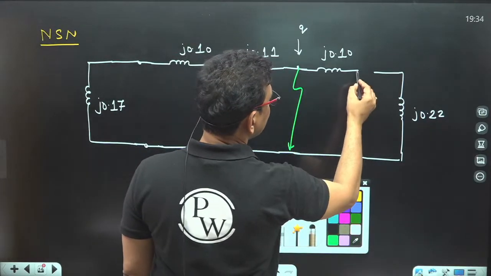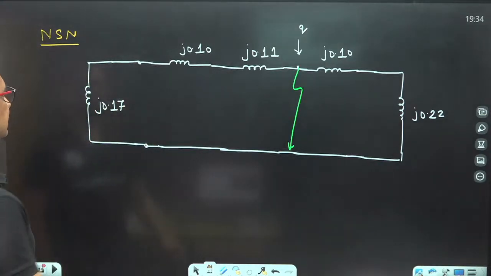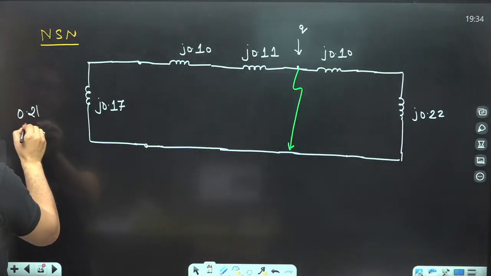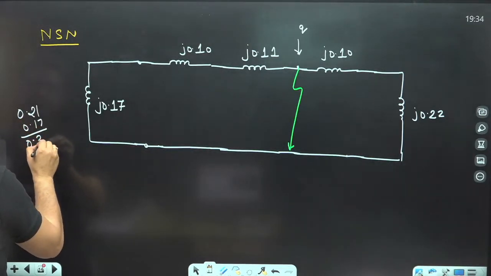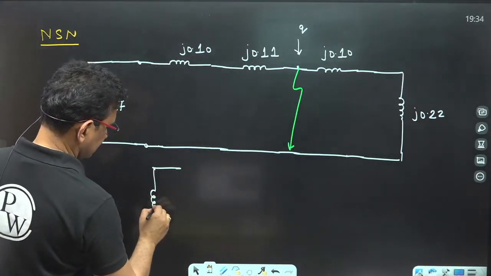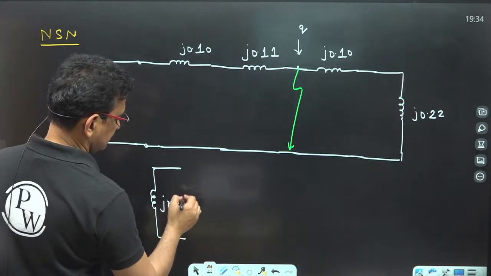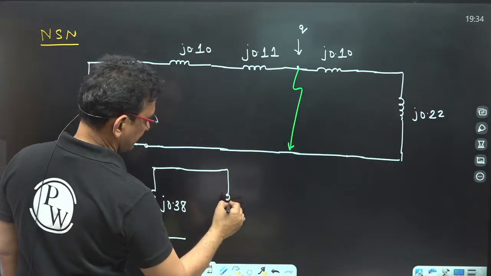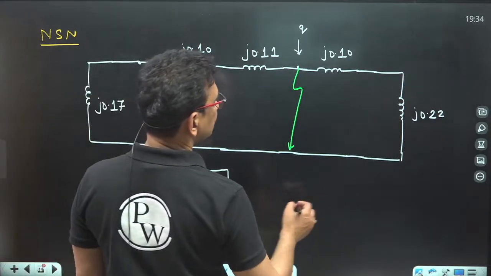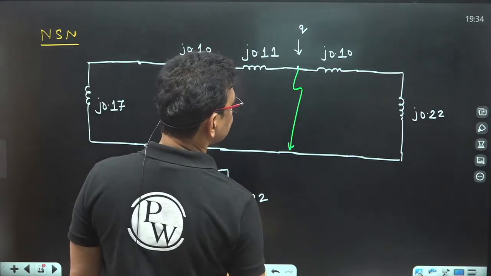Now from the fault point, find out the equivalent reactance. So what will be the equivalent reactance? 0.21 and 0.17, that means 0.38. And this is 0.10 and 0.22, that means 0.32.